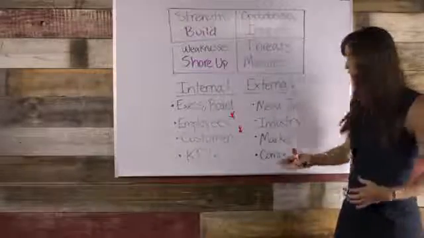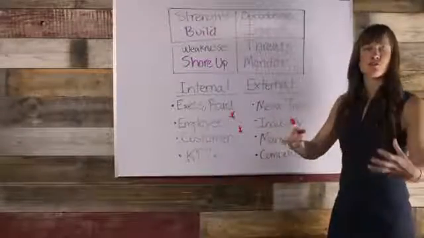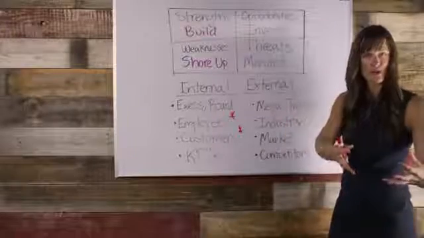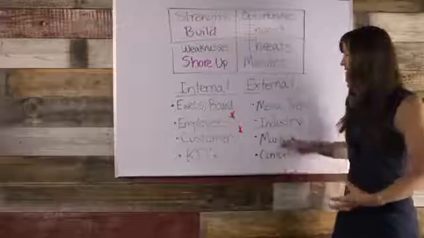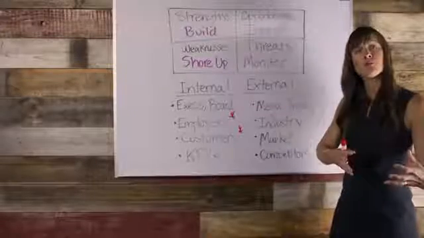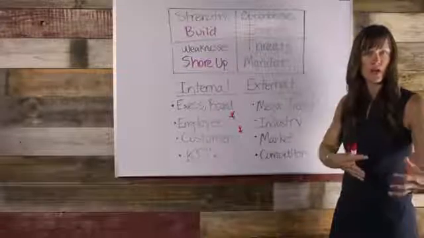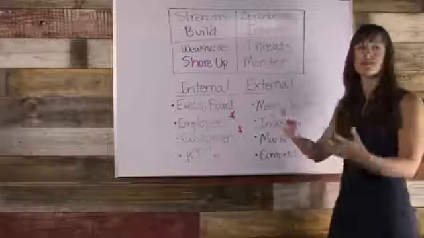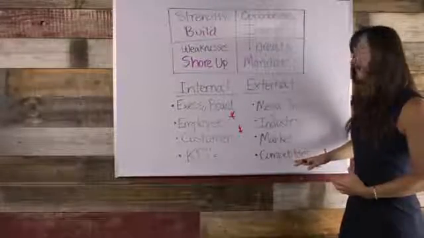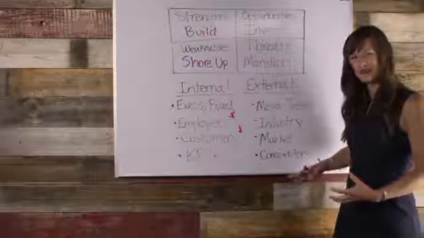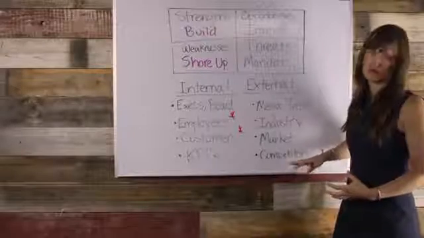Coming in a little bit closer, your market. The market comes in 2 flavors: your geographic market that you serve or your target markets that you're serving. Data sources include your economic development organization for current market information, and then Census Bureau for target market type information. Competitors, everybody has competitors. Understand what your top 3 competitors are doing.